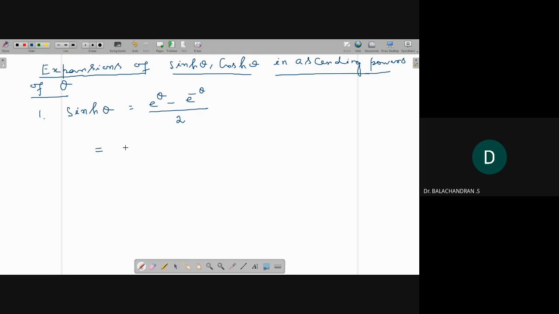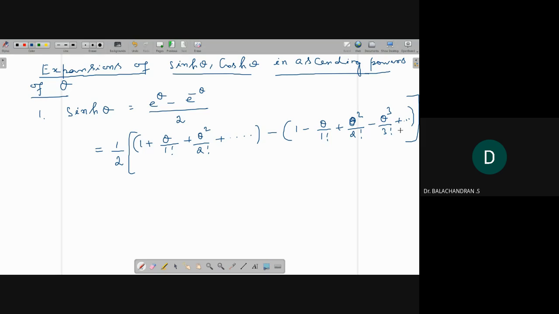This is equal to, we need in ascending powers of theta, so 1 by 2 into e power theta expansion, 1 plus theta by 1 factorial plus theta square divided by 2 factorial and so on, minus e power minus theta. What is the expansion for e power minus theta? 1 minus theta by 1 factorial plus theta square divided by 2 factorial minus theta cube divided by 3 factorial, and so on.